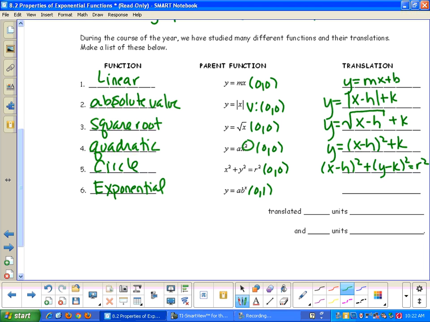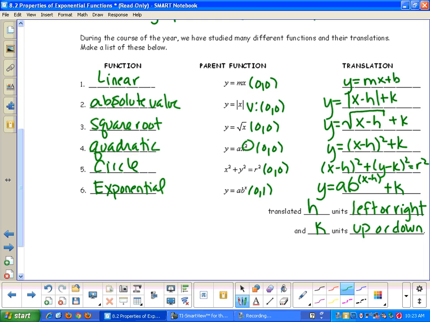For these values, if we have an exponential, then to do the h and the k, it's going to be y equals a times b to the x minus h power, and then plus k on the outside. And just like all the other times that we had this, the h value is going to move your graph left and right, depending on if it's positive or negative, and the k value moves your graph up or down.